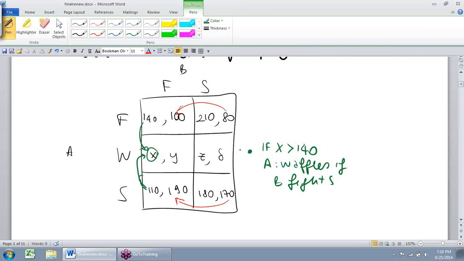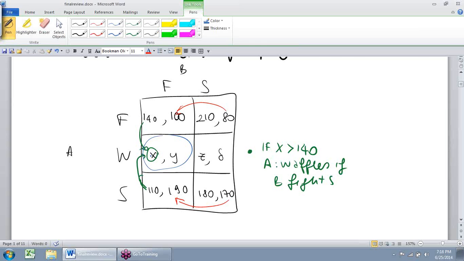So now what is the next step? Now that we have this arrow going in the box waffle, fight, that is the arrow going in for player A to x, we do not want, in case player A chooses waffle, player B to choose fight, because if we had that, we would have a Nash equilibrium, right? I'm talking about this box.